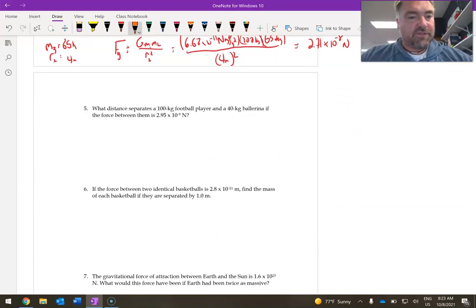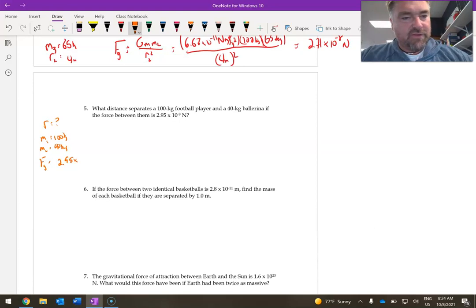Continuing forward, what distance separates? So we're looking for R, with mass 1 of 100 kilograms and mass 2 of 40 kilograms. And we know the force due to gravity between them is 2.95 times 10 to the negative 9th newtons. So force due to gravity is equal to big G, M1, M2, all over R squared.